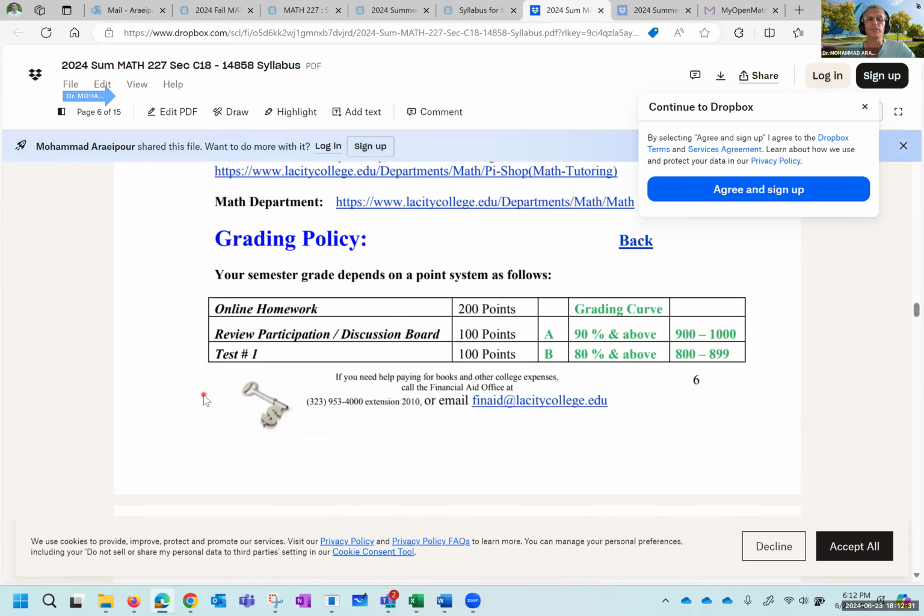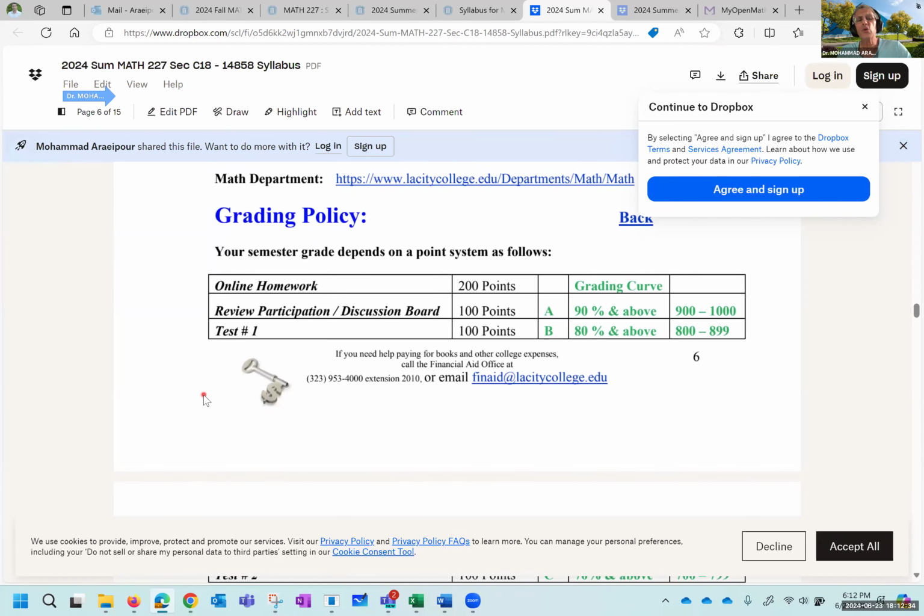Now, grading policy. This is a point system. Online homework, 200 points. As far as the homework is concerned, generally speaking, you have a week to do the homework, and you really want to do it on a daily basis, because if you wait until the last day, you will not learn enough material to do well on the exam. But as long as it's done in time, you get full credit.